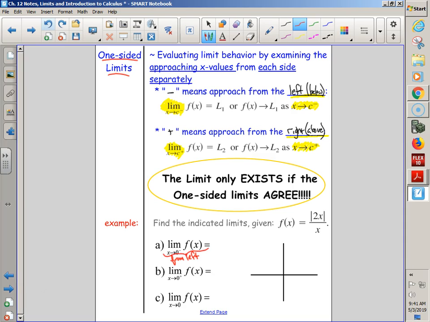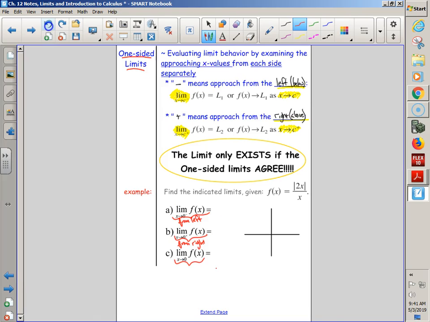And what would you need to be thinking for this guy? From the right. And when you see just a normal limit, what do we need to be thinking every time? From both. AKA, do they match? What's the word I keep on saying every time I say, look at your shoes? Do they match?